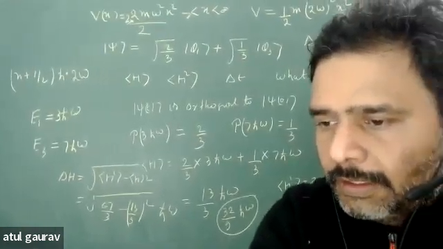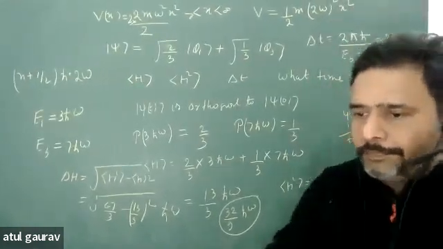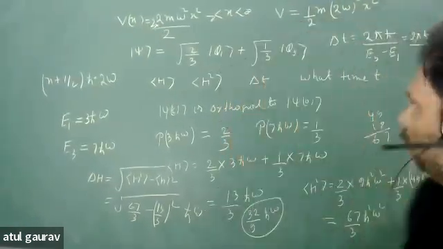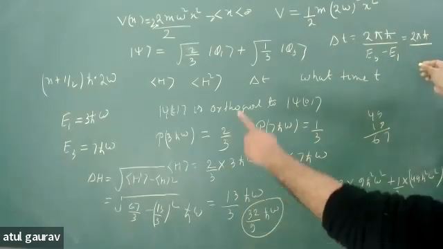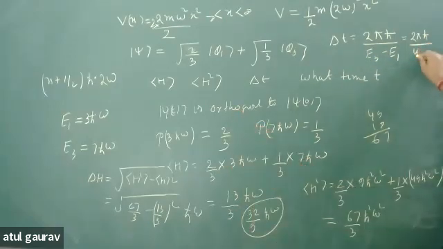E3 minus E1 is 4 h cut omega, isn't it? So the answer will be pi upon 2 omega.